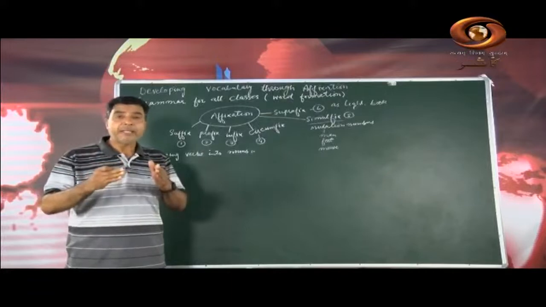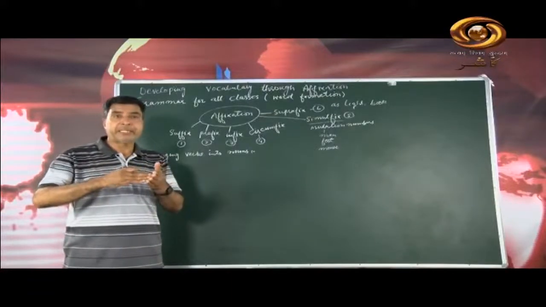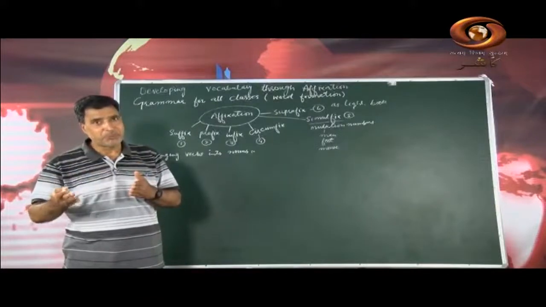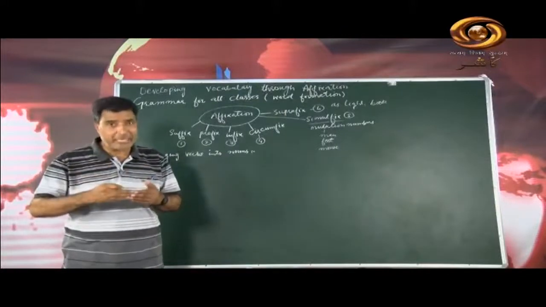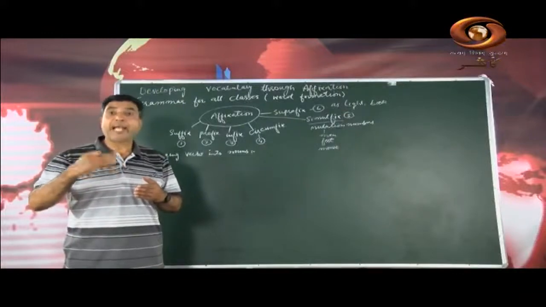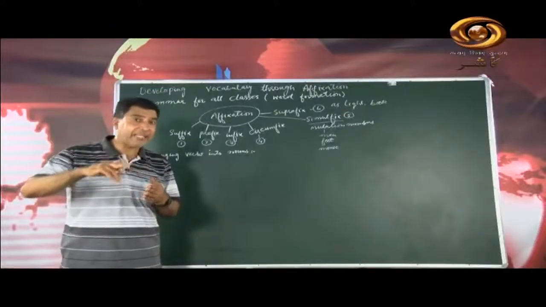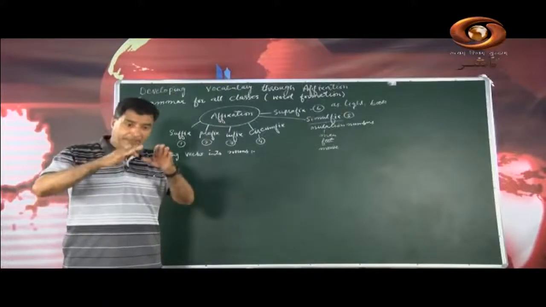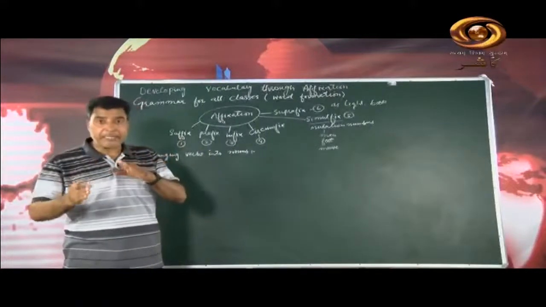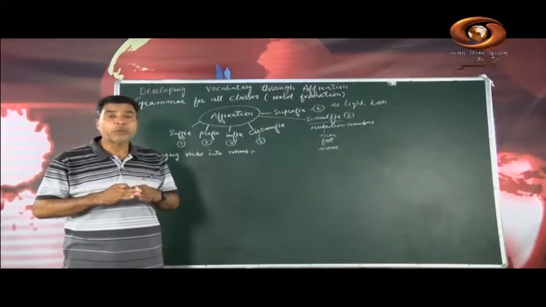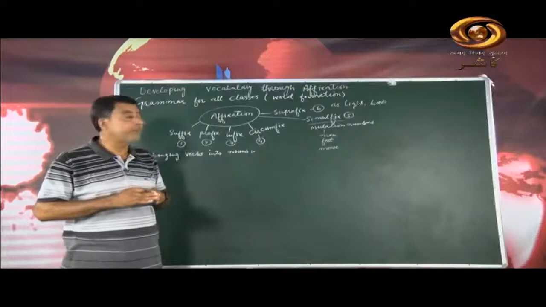We add at both sides, in the beginning and at the end of a word. We add in the beginning, that means as a prefix, then at the end, that means as a suffix, and when we add suffix as well as a prefix to a root word, that is what we call a circumfix.